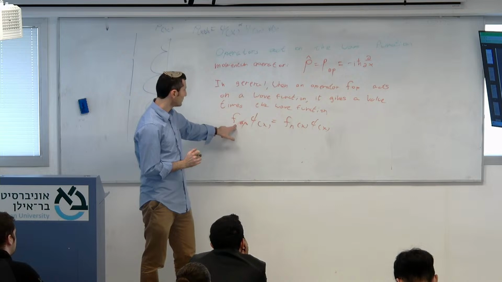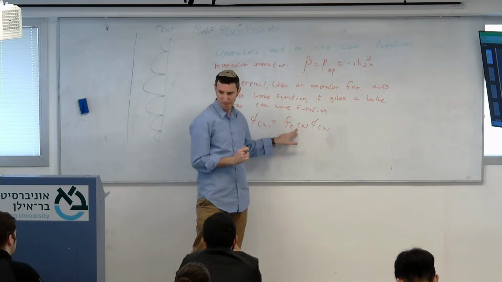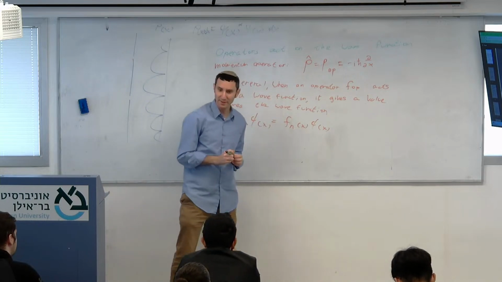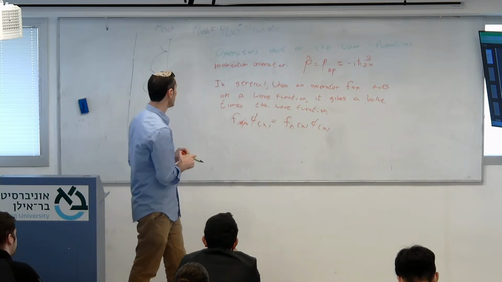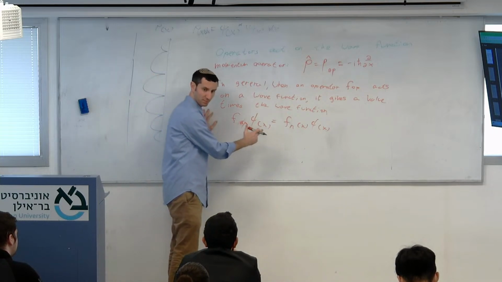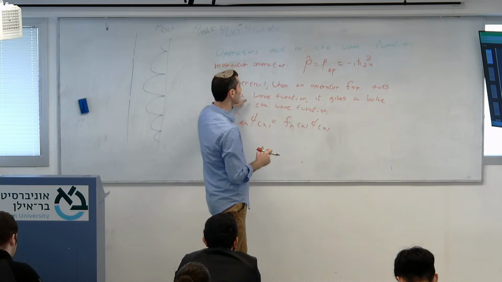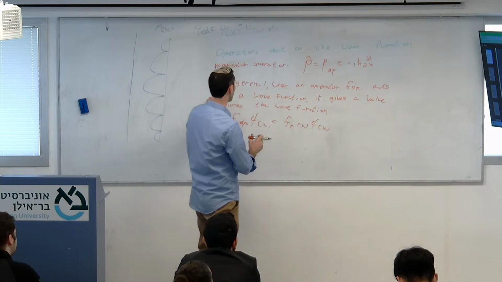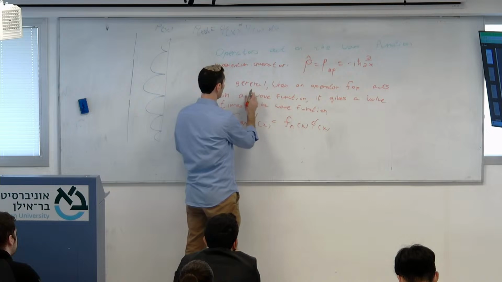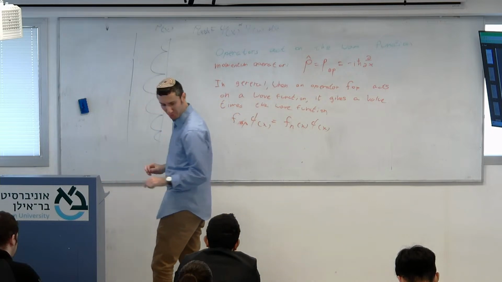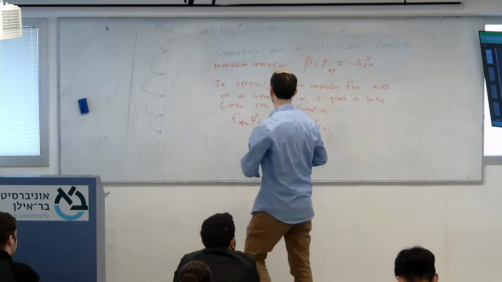So an operator gives me a number. Is this always true? Not necessarily. It happens only when it is an eigenfunction. In general, when an operator f acts on a wave function, here I'm going to write the word eigen.